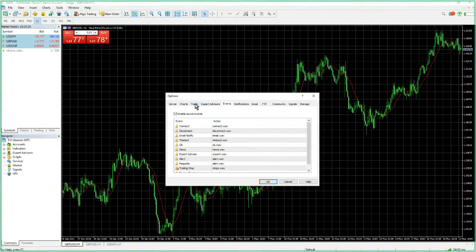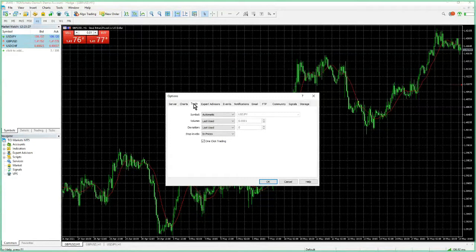Then on the Trading tab, this is the first one I usually check here. I want to set this to default. And now, depending on your trading account size, it really depends. Based on the trading account that you have, say if it's 1,000 euros or dollars, or 20,000 euros or dollars, it obviously makes a huge difference to your trading size per trade. So I'm going to set this to one contract at the moment.